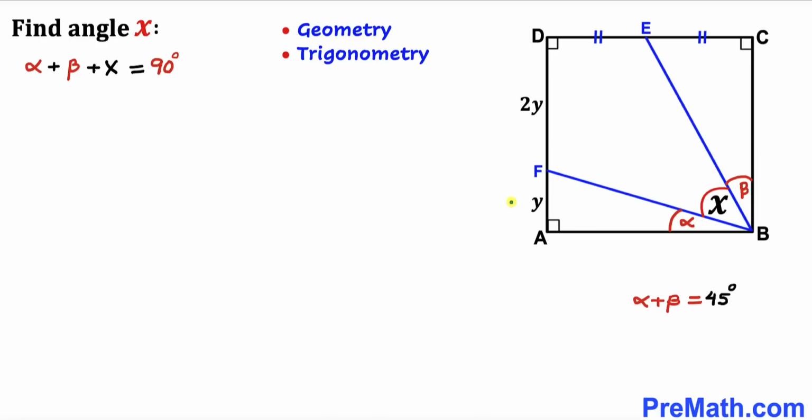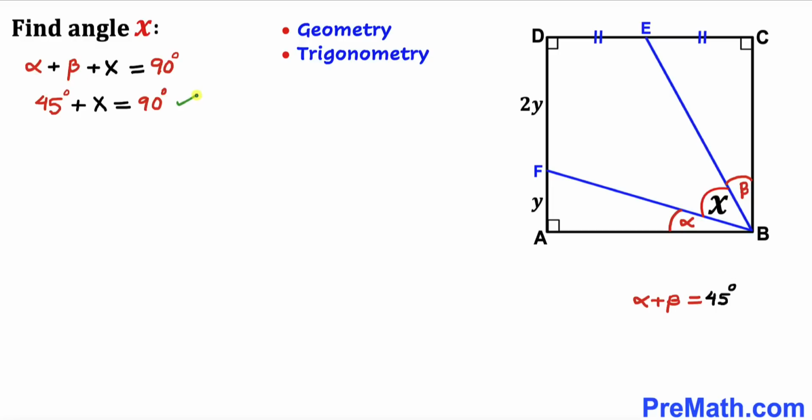And here's our final step. Let's make an observation. The sum of all these three angles, alpha plus beta and this angle x, adds up to 90 degrees, as you can see in this equation. But we know our angle alpha plus beta is 45 degrees.